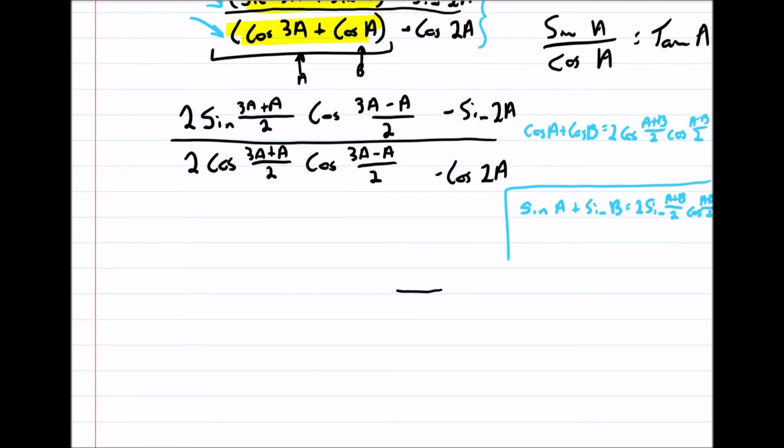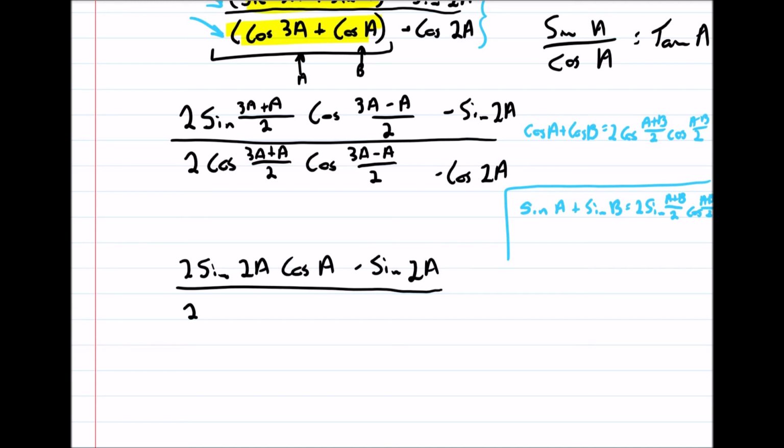Just simplifying that, we get 2 sine 4a over 2, which is 2a, cos 2a over 2, which is a, and then minus sine 2a.